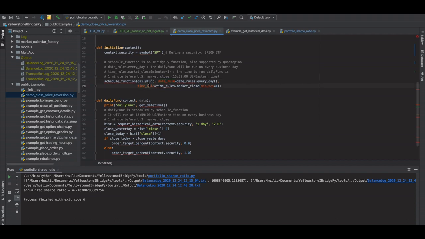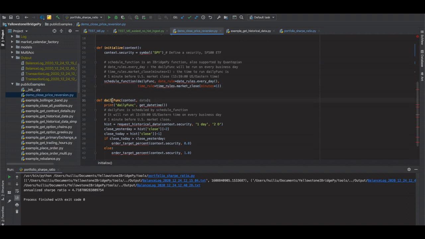And the time rule defines when in a day you want to execute this function. And we said we want 1 minute before market close. And this is the time rule.